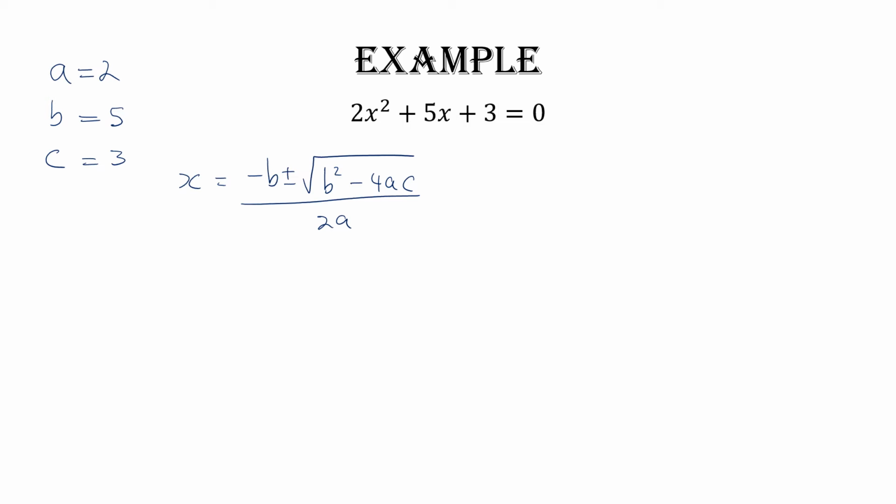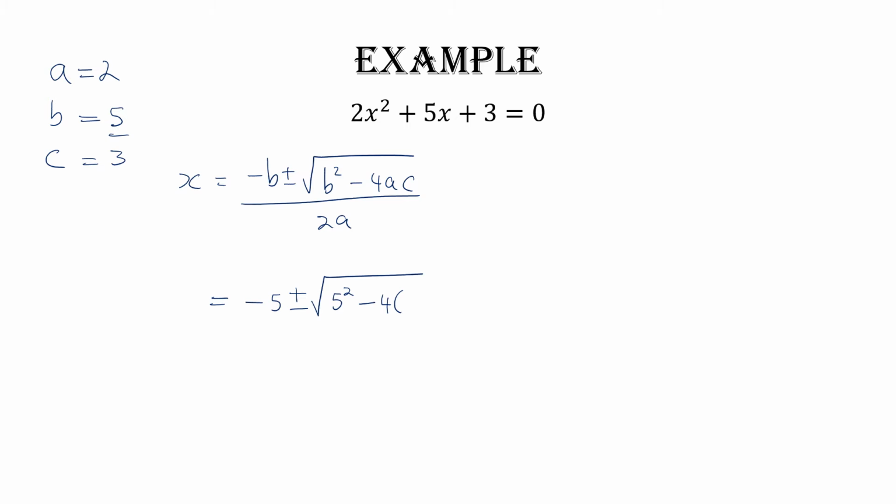Now that we have our formula, we're looking for the possible two values of x, and we just substitute what we have. We know b is 5, so here we will have minus 5, plus or minus the square root of b squared, which is 5 squared, minus 4.